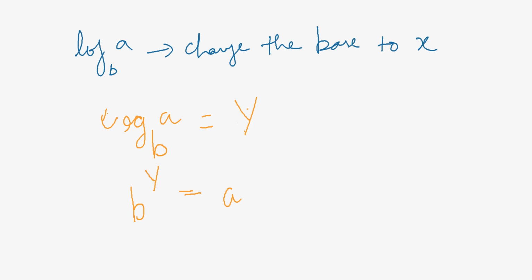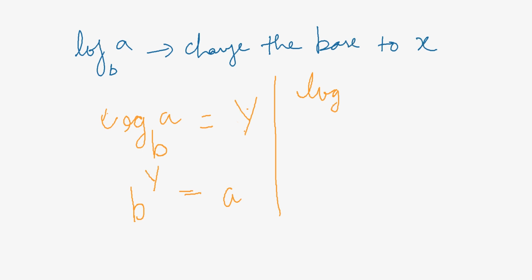Put a vertical line next to this so that you can use the side of this one. Okay. Taking time to write. It's okay. There will be a lag. So now if you see this b raised to the power of y equals a, actually if you swap the left to the right, we will see that a equals b raised to the power of y.